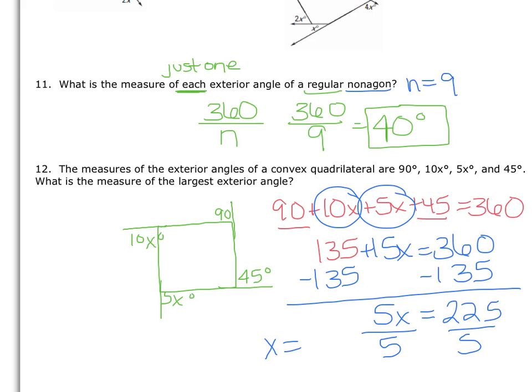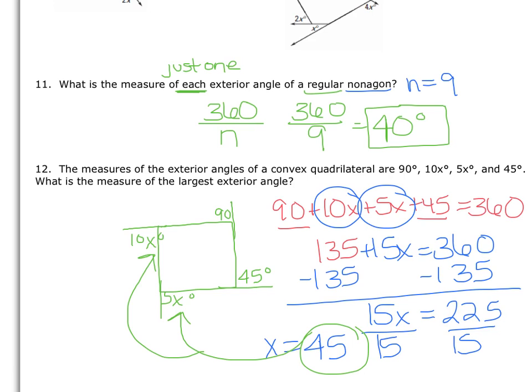So 225 divided by 5 is 45. So that's the measure of x. The question asks, what is the measure of the largest exterior angle? So we have to take this and plug it back in. If we have 10 times 45, well, that doesn't make any sense, Ms. Poliak. Oh, I should have been dividing by 15, not by 5. 225 divided by 15 is 15.